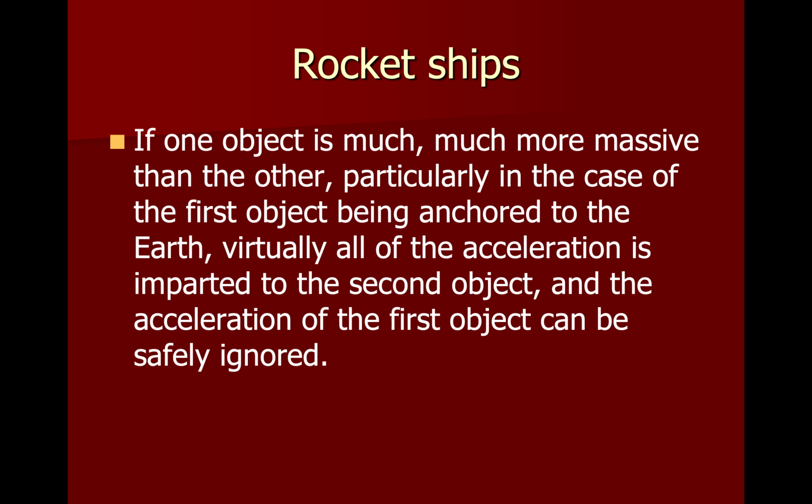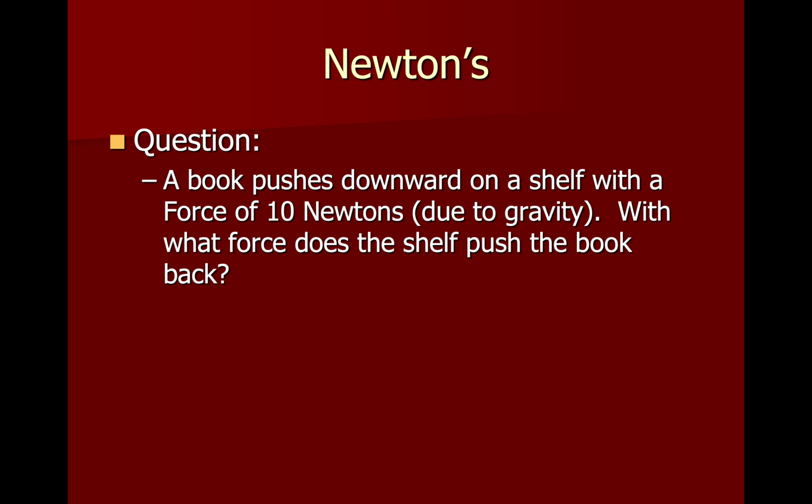So again, in the case of this object, the first object is being anchored to the Earth, and virtually all the acceleration is imparted on the rocket ship because it's much lighter, right? So the acceleration will only be able to be measured really on the rocket ship. The Earth's acceleration is basically almost ignored. It's so small that it's almost zero. So we can safely ignore it.